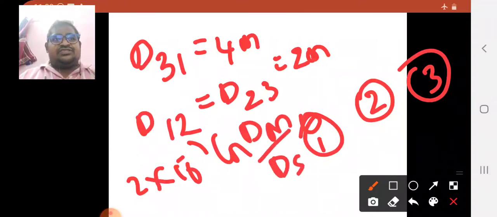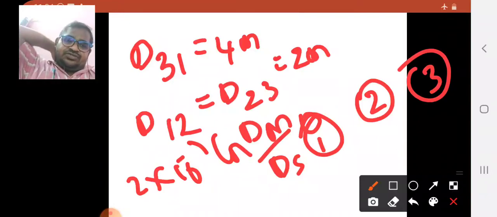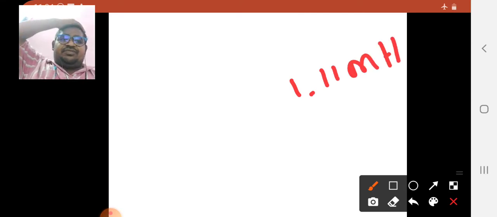Here dm is the cube root of d12 into d23 into d31, and ds is 0.7788 into r. If you calculate the inductance per phase per kilometer, the answer may be 1.11 millihenries.